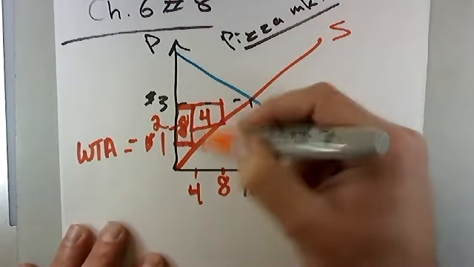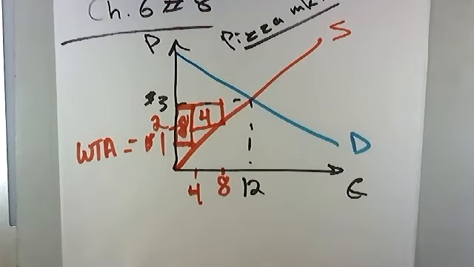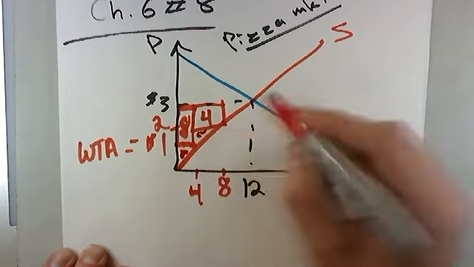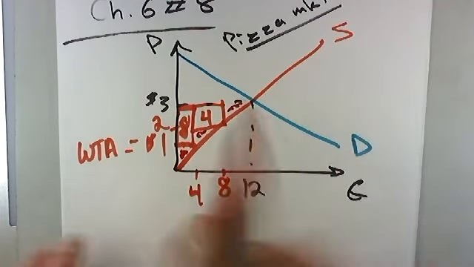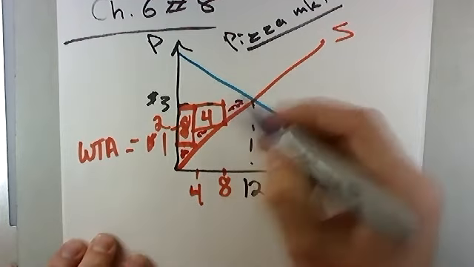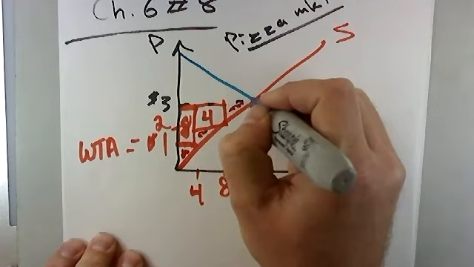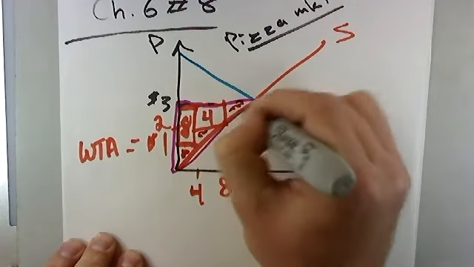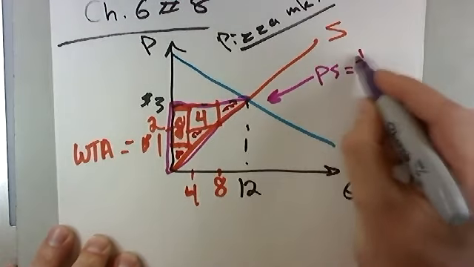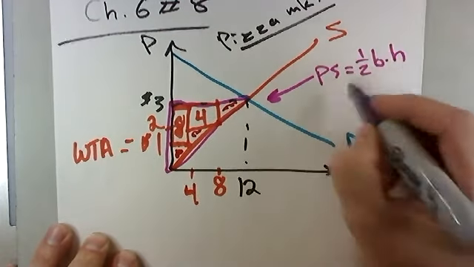And so the way that I'm doing this, it's very blocky, right? I'm missing some of the surplus in these weird little triangle areas and stuff like that. And so what we do, just because it's way faster, you just calculate the area of this whole triangle, right? So you literally just say producer surplus is equal to 1/2 times base times height.